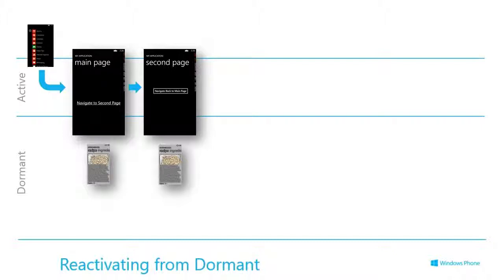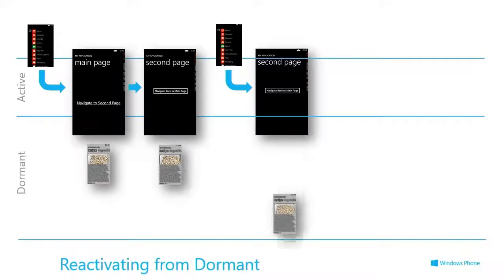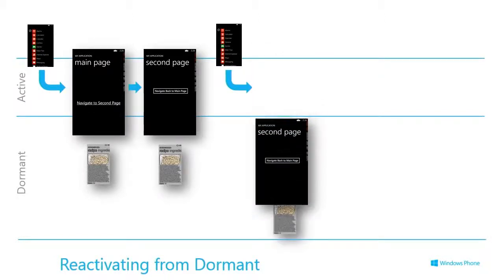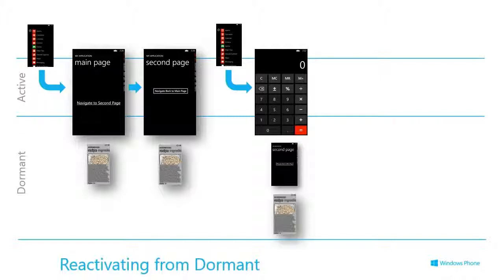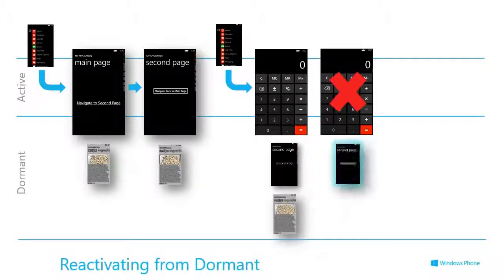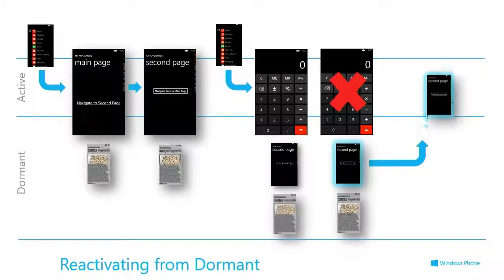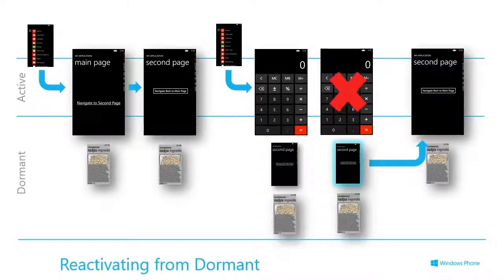We've still got our dormant Contoso cookbook under there. But then the user could decide to launch a different app. So our app is made dormant and sits alongside the Contoso cookbook, and now the user is running the calculator, for example. The user does their calculation, then closes the calculator when they're done, hits the back button, and at that point our app gets reactivated and we pick up. Notice we pick up back on the second page, and that's all handled for you automatically. That's nice.